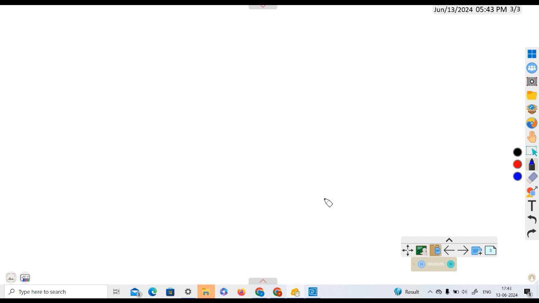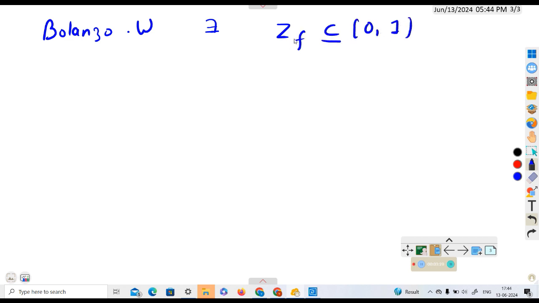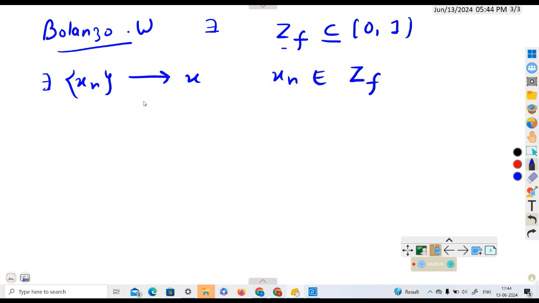Since Z_f is an infinite set and a subset of 0 1, a bounded set, we can apply the Bolzano-Weierstrass theorem, which says there exists a sequence x_n such that x_n converges to x, where x_n belongs to the set of all zeros of f.